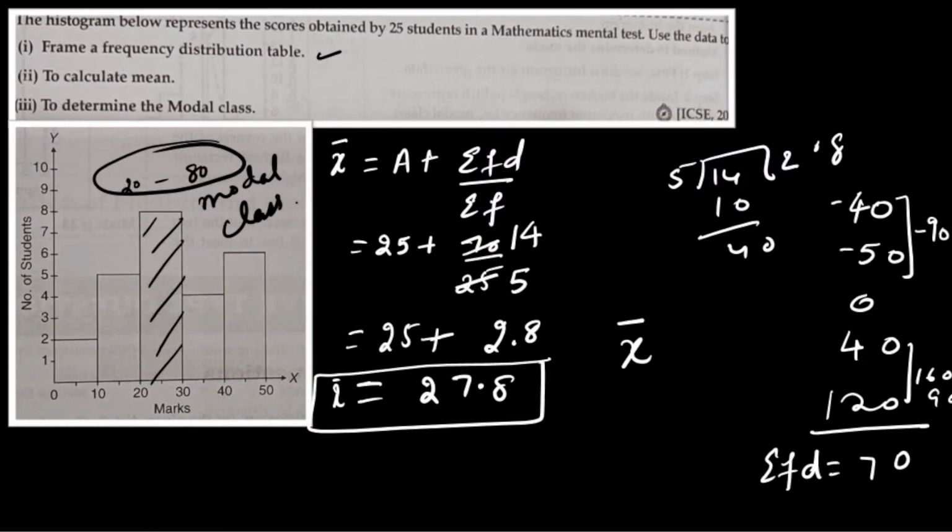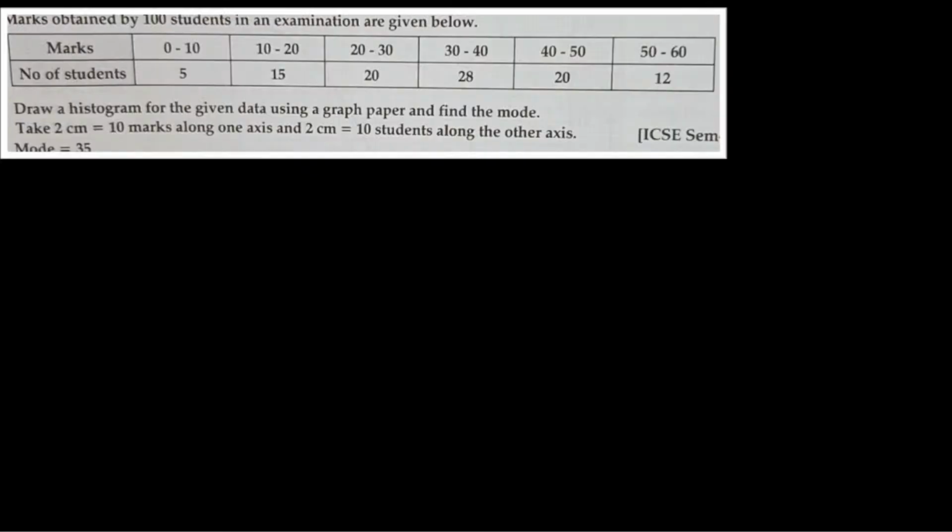Graphically we can see like this, and from the table, whichever class interval has the highest frequency, that is the modal class. So we have done in MCQs where median class and modal class we have found. Let's do the next question now.